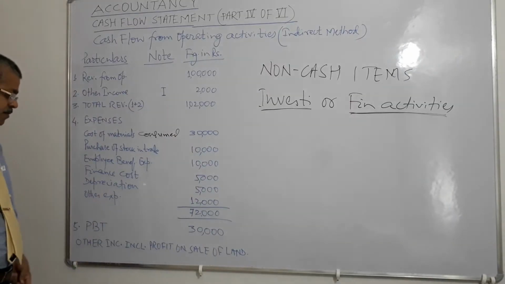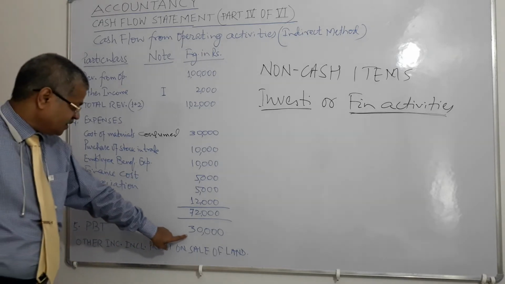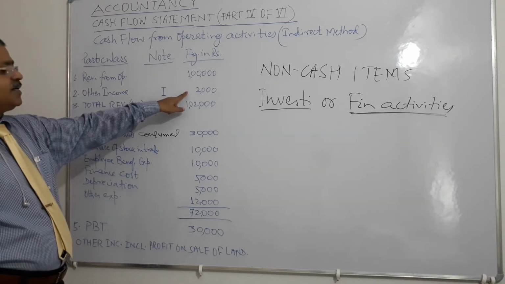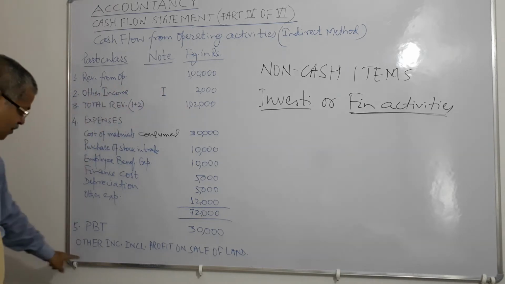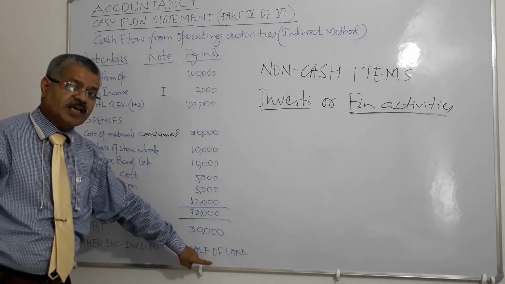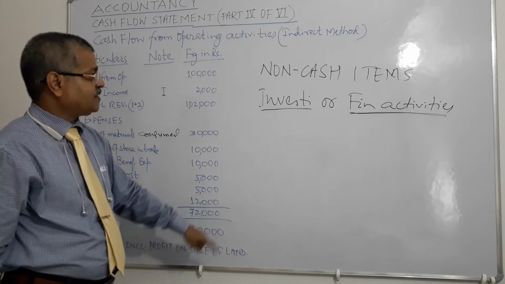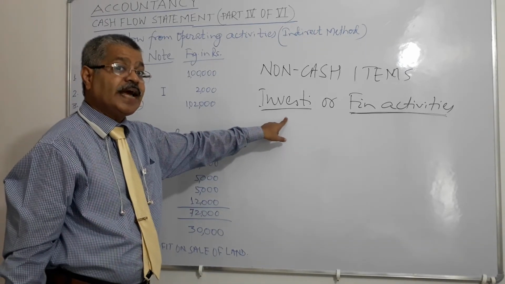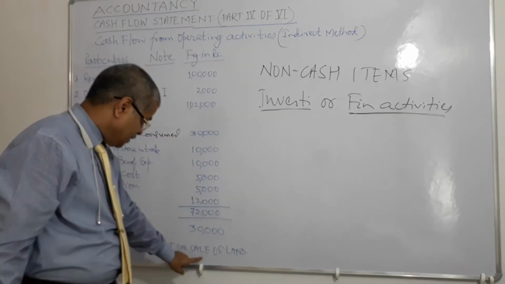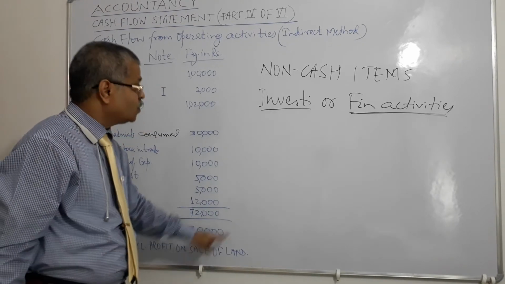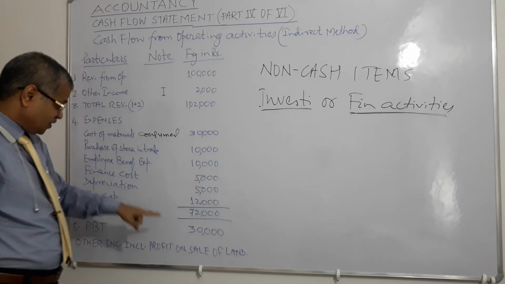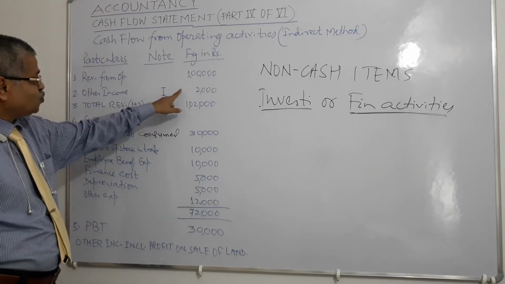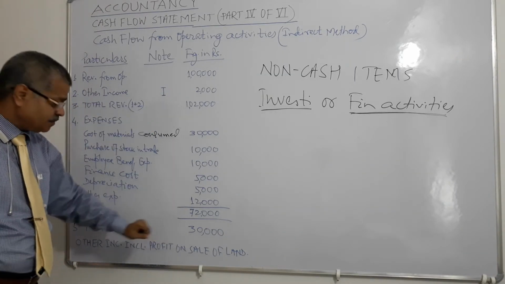So what will happen? 30,000, we have deducted 2,000 because other income is on account of profit on sale of land, which is attributable to investing activities, an income inflow on account of investing activities. So this 30,000 minus 2,000 became 28,000.